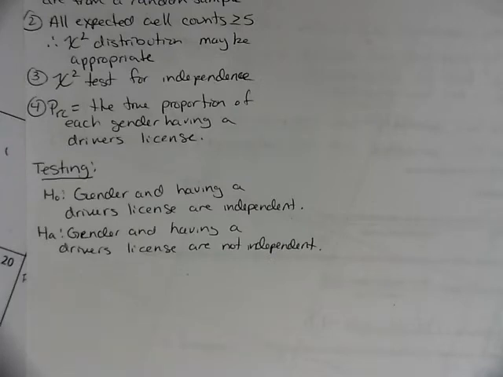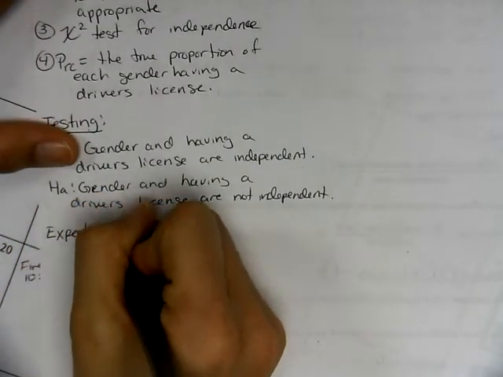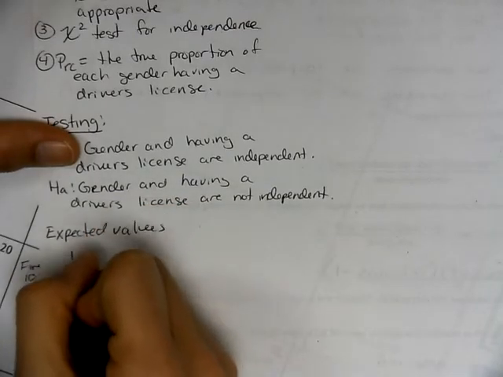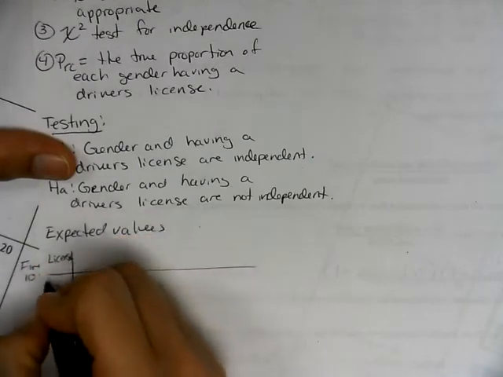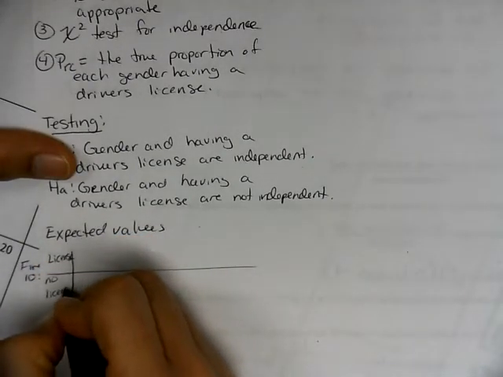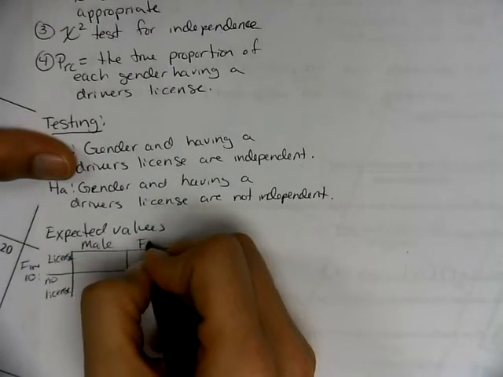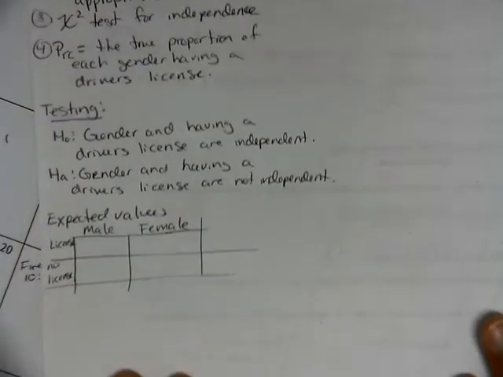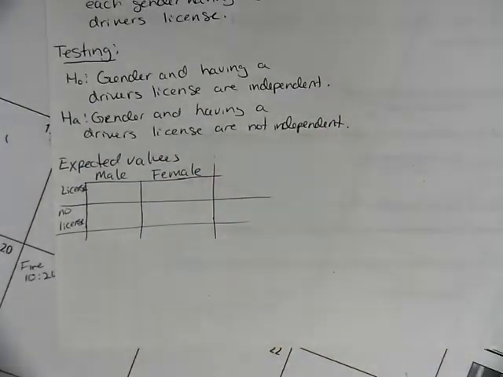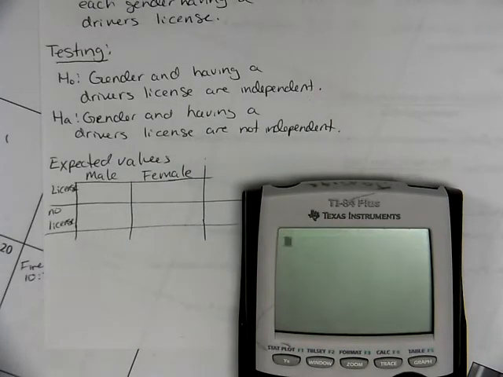Okay, so now we're going to make our table of expected values. And again, just like yesterday, you don't necessarily have to include the total. I squished that in there. So we're going to do this the same way we did homogeneity.